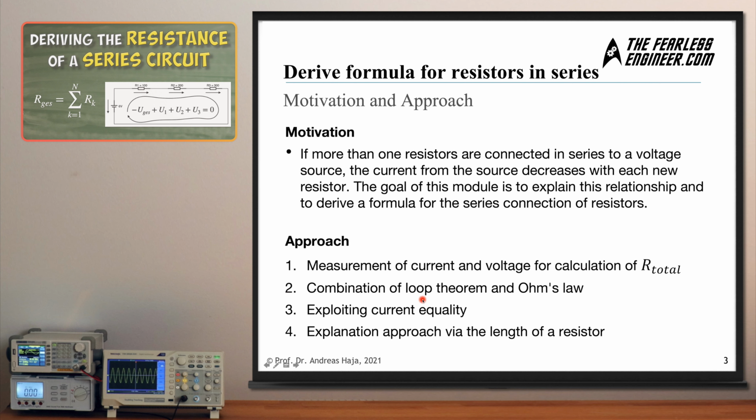And thirdly, we will exploit the current equality in an unbranched circuit in order to arrive at the derivation of the overall resistance. And fourth and finally, we're going to find an explanation for this combined resistance value, not from a mathematical point of view, but from a physical viewpoint, using the length parameter of a resistor.